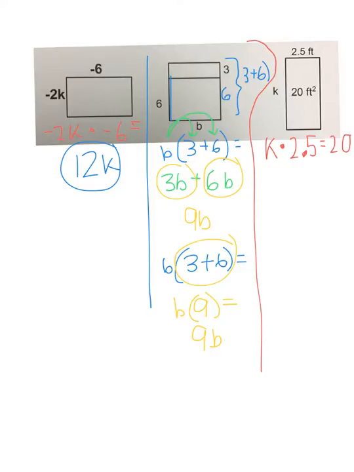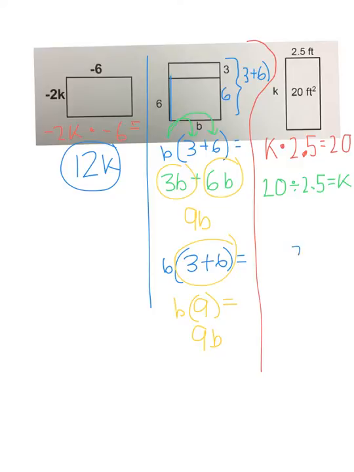So we need to work backwards. We know our area is 20, but instead of multiplying here to get our area, we want to divide by our length, 2.5, to get k.